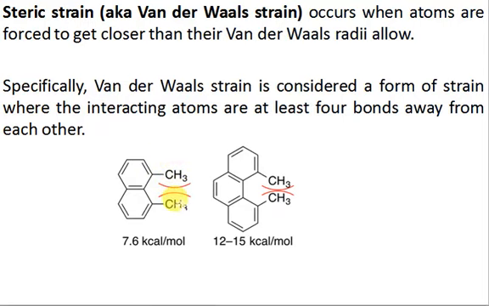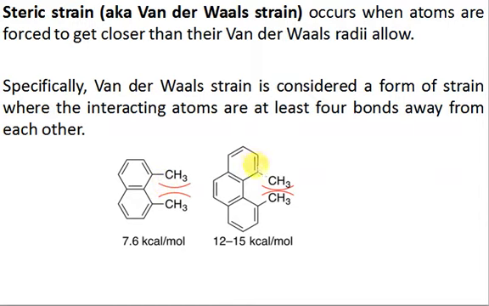So they are repelling each other because the hydrogens of the methyl groups are very close together in 3-dimensional space. So the electrons of these hydrogens are repelling each other, right? Because of repulsion of these neighboring groups which are closer in space, this is causing a static strain.